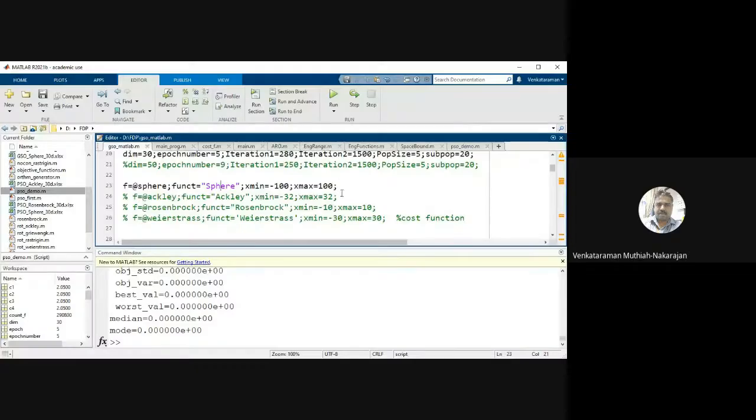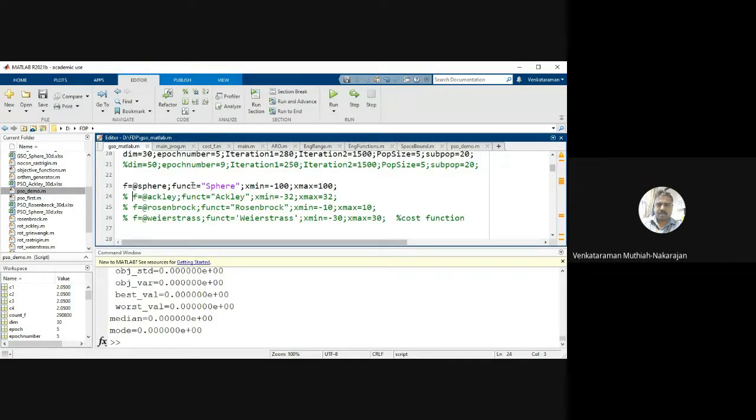Now I will take the ACLI function, and this is my GSO MATLAB. I want to compare two algorithms: one is GSO MATLAB, and the other is a PSO algorithm that I wrote yesterday.